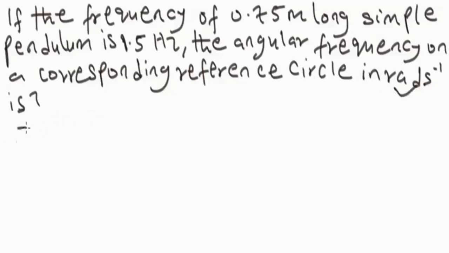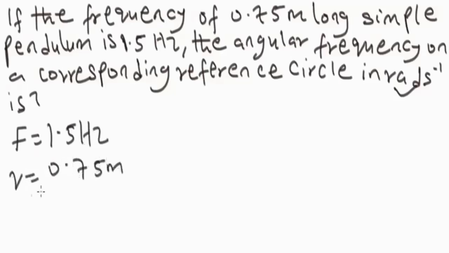Let's bring the parameters. We have our frequency to be 1.5 Hz. We have our length to be 0.75 meter. Then we are looking for angular frequency. Let's use the frequency formula: frequency equals w over 2 pi.